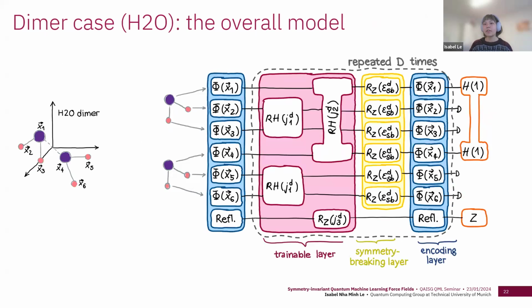Okay, so for the third case, for the dimer case, the model now consists of 7 qubits, as I explained before. 6 qubits are used to encode the 6 atoms, and the 7th qubit is an ancilla qubit to handle the reflection. And again, we can, if we want, optionally include the symmetry breaking layer depicted here in yellow.